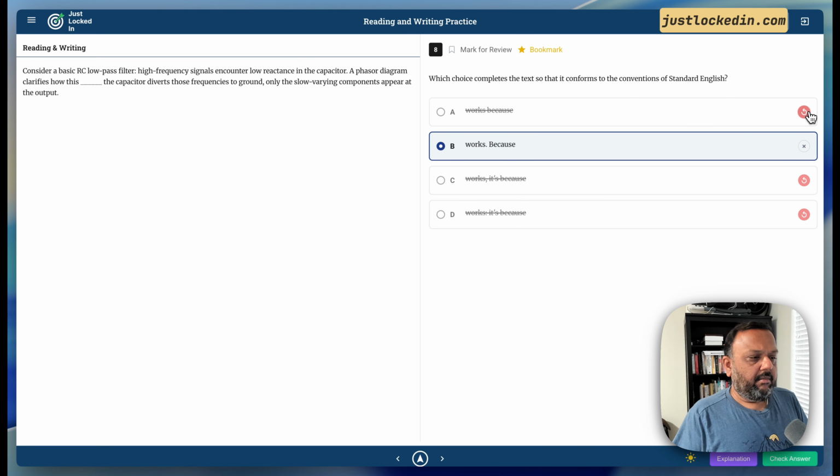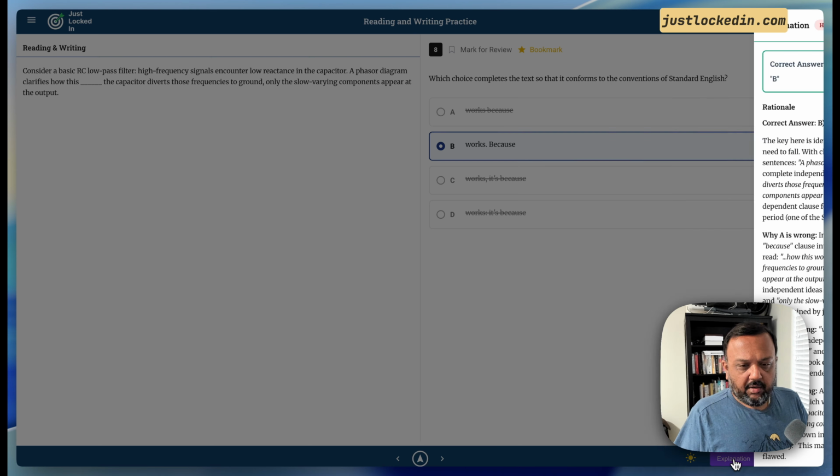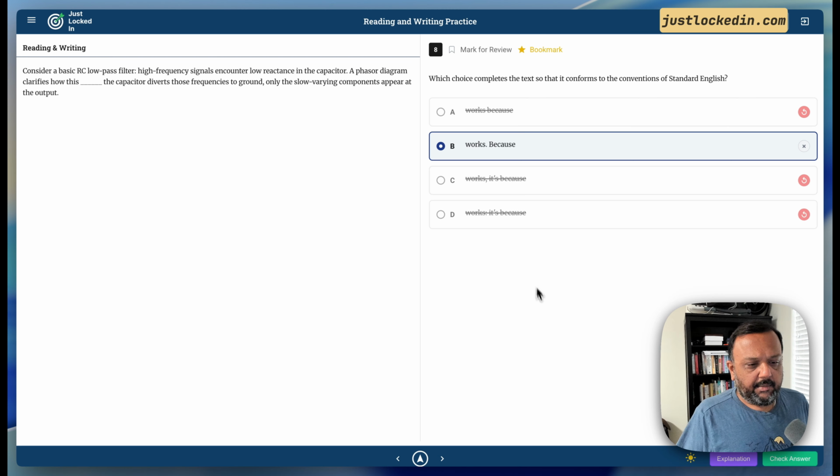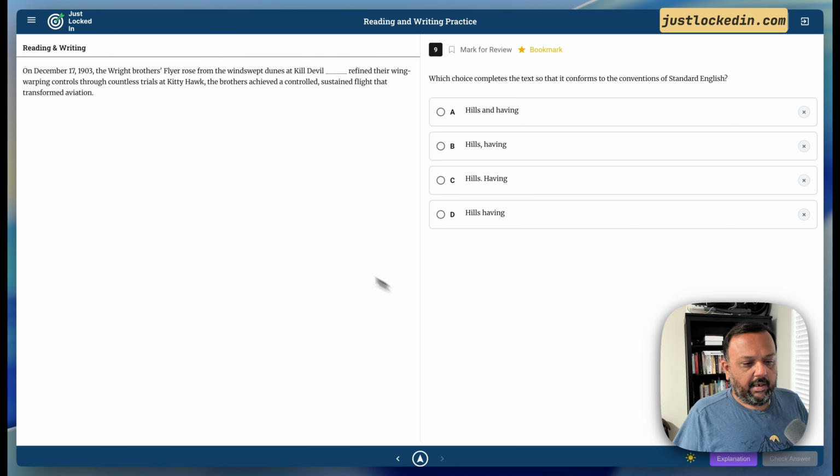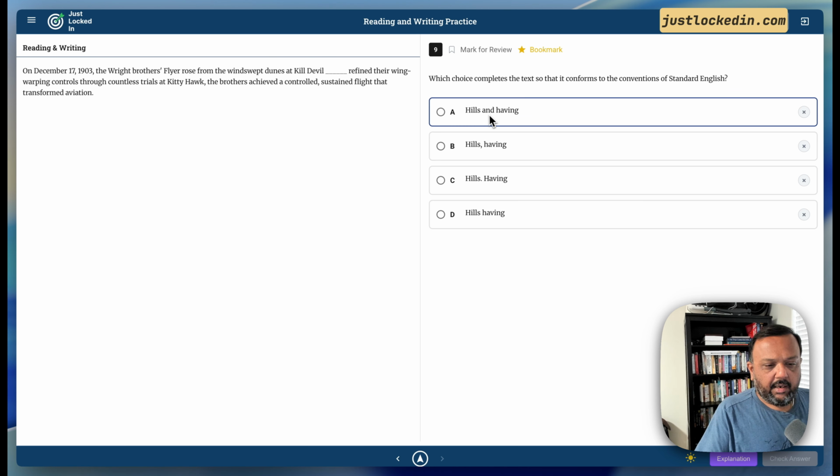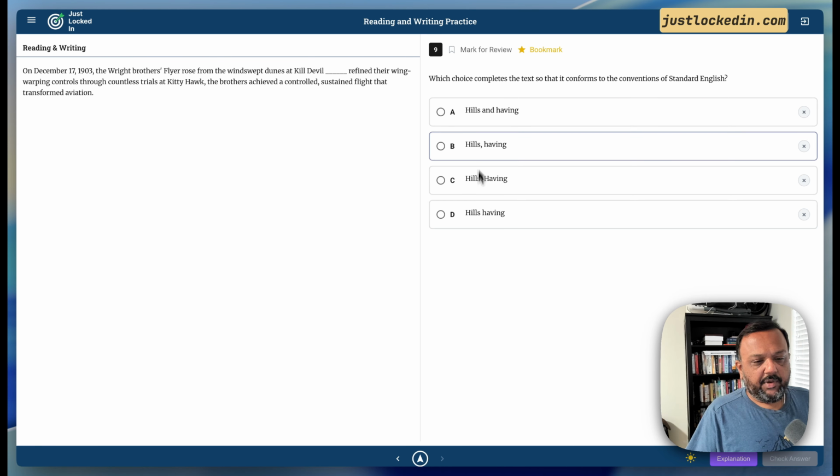This is not correct, all right? So quite easy. I believe this is a hard question. It is, but it's quite easy if you follow the rules. All right, let's look at this one. Again, if you look at this, these options are just differing by punctuation or conjunction, so I'm expecting to see a question about joining independent clauses.